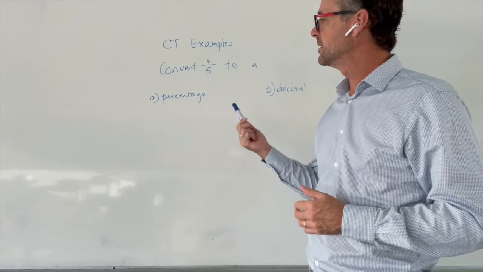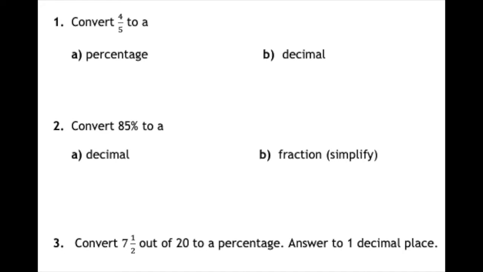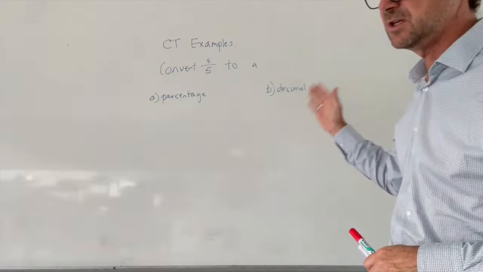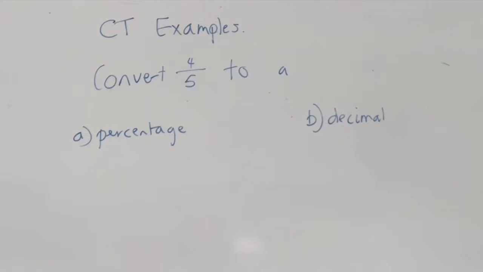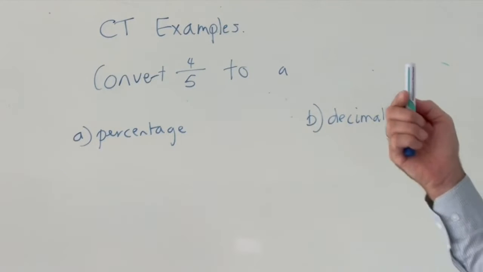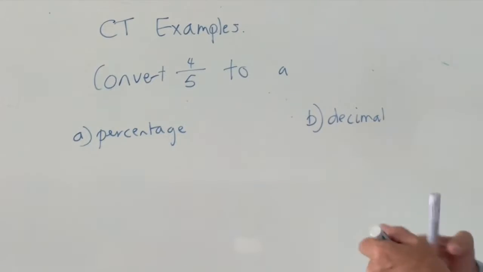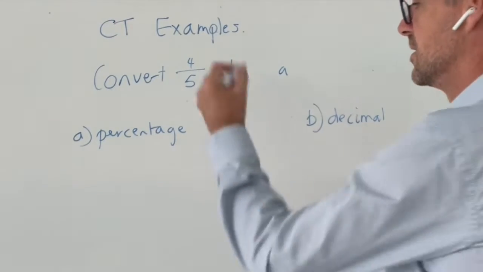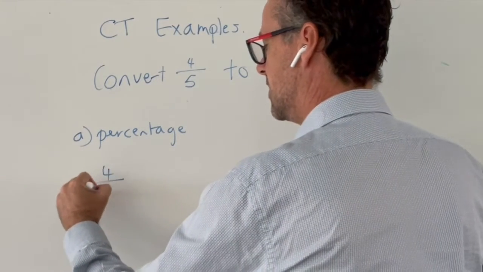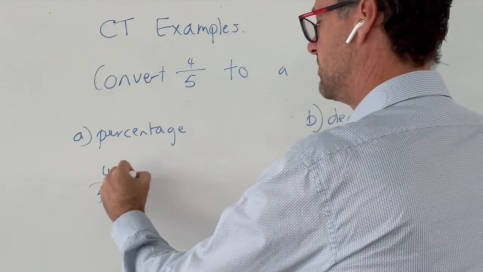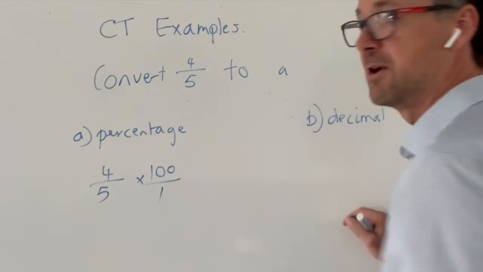So question 1 looks at this idea of converting a fraction into either a percentage or into a decimal. And in order to do this, just through this process, okay? So for any fraction, we can convert it into a percentage by multiplying it by 100 over 1.